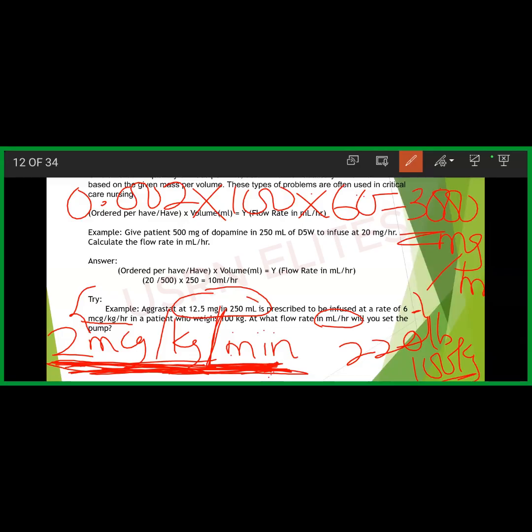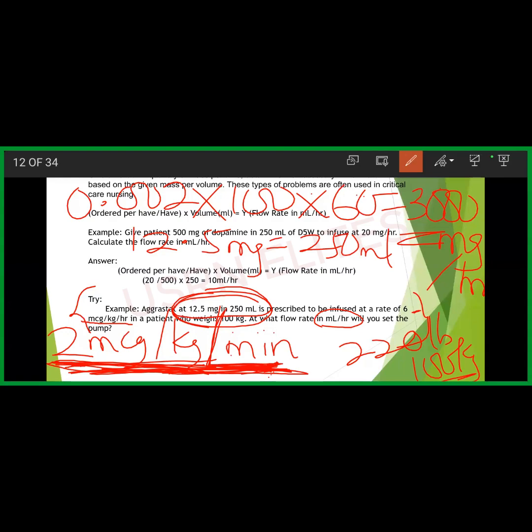Now we come to this one. If 12.5 milligrams is giving us 250 mils, you can be jotting some things down as we are doing it, so that you have an exact representation of what we are doing here.